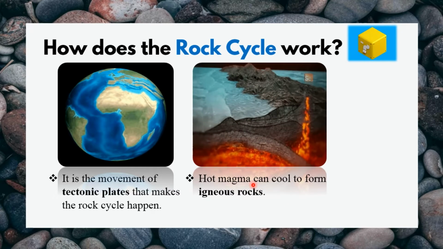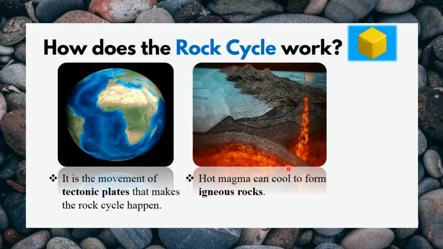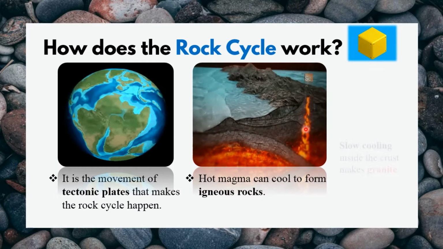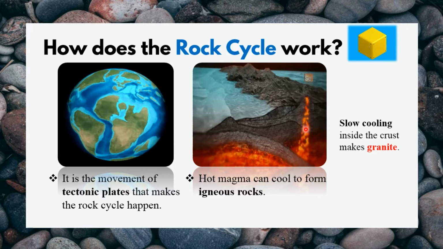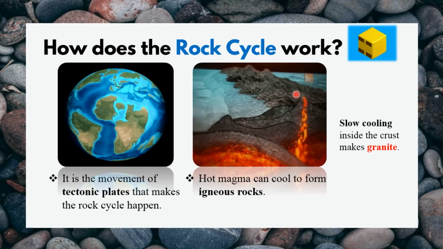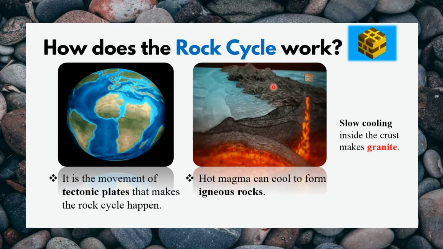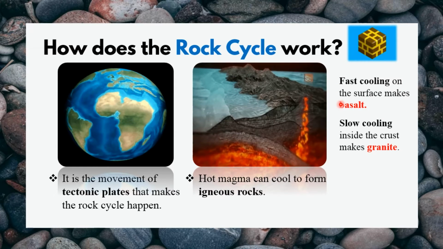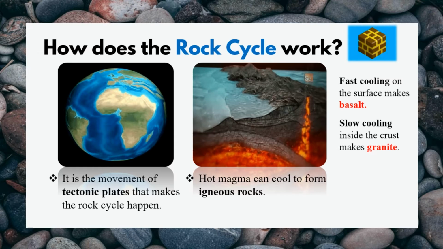This magma that goes up to the crust can solidify either inside the crust, wherein it undergoes slow cooling that makes granite or granitic rocks, or it can also cool down or solidify on the Earth's surface, which undergoes fast cooling that makes basalt or basaltic rocks.